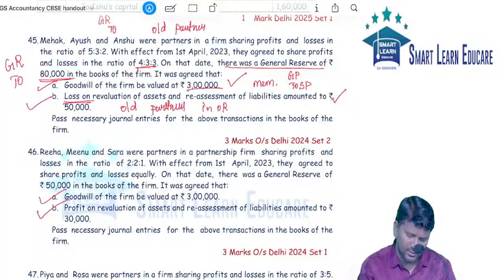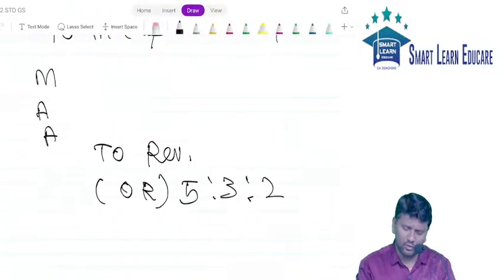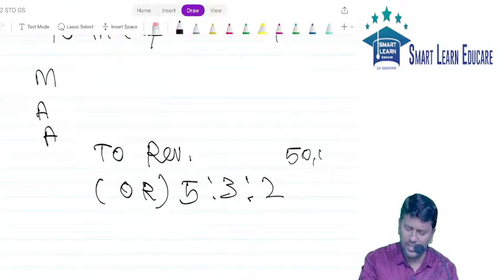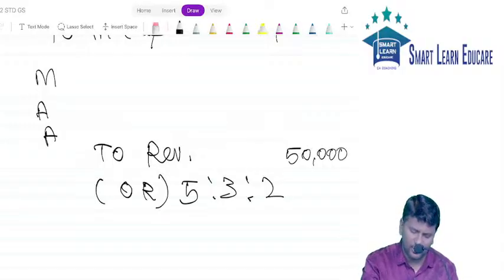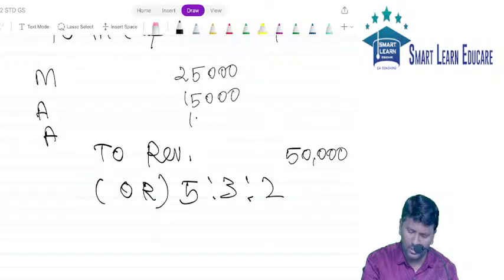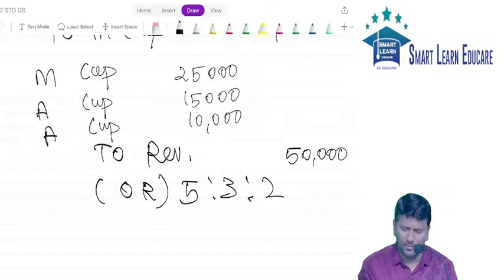Revaluation loss is how much? 50,000. You should share 50,000 in the profit sharing ratio 5:3:2. 50,000 divided by 10 is 5,000. 5,000 into 5 is 25,000, 5,000 into 3 is 15,000, 5,000 into 2 is 10,000. Journal entry: M capital account debit, A capital account debit, again A capital account debit to revaluation.